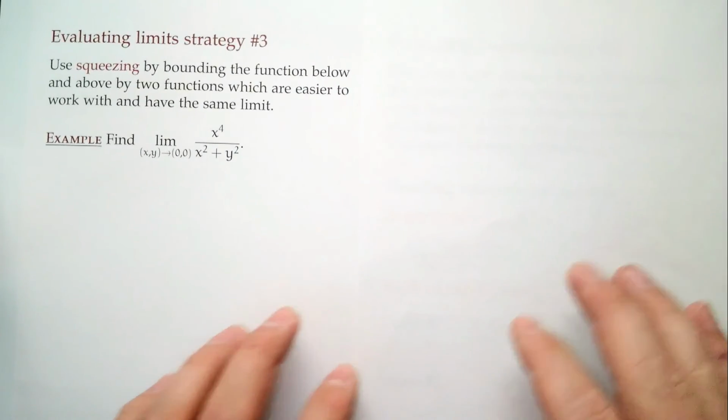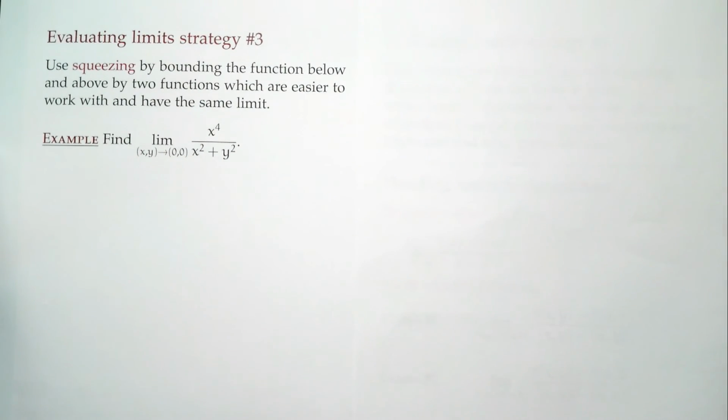All right, there's 2 strategies left, and we can probably speed through the last 2 pretty quickly. Number 3, use squeezing to bound things. And you want to bound things from above and below, which are easier to work with. So here we have x to the fourth over x squared plus y squared.